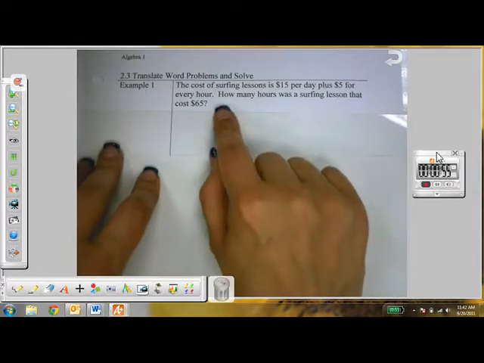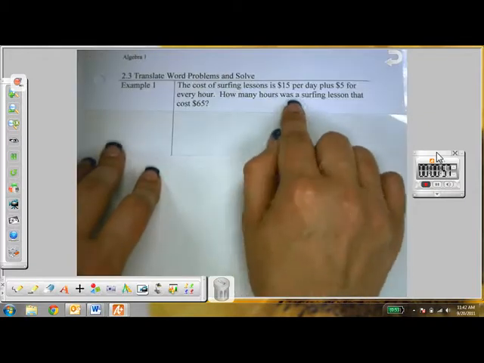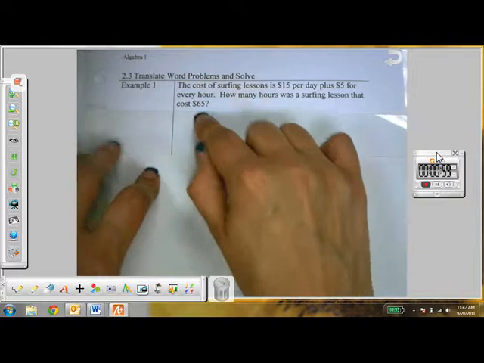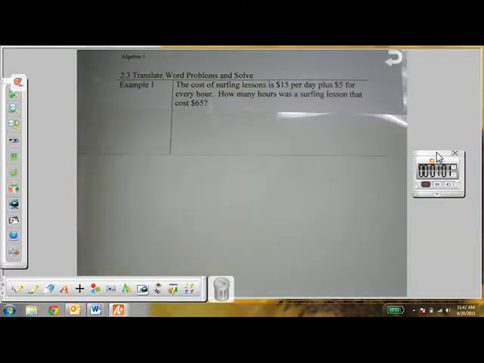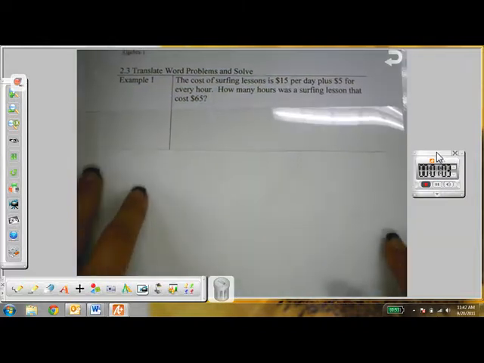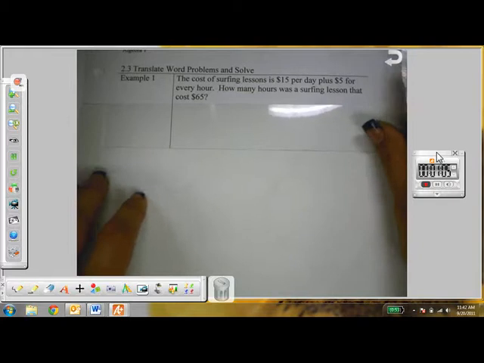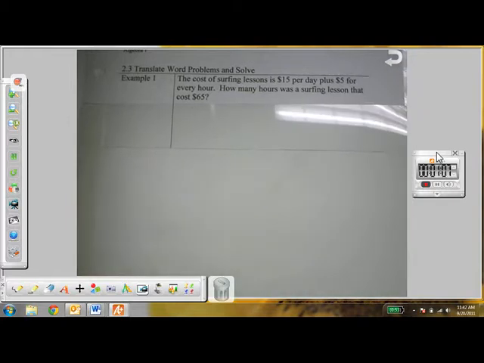I want to know how many hours was a surfing lesson that cost $65. On your homework, you don't have to write it because it's already on the worksheet for you.